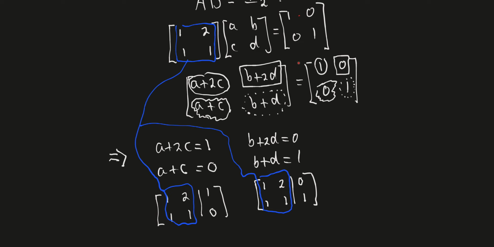So without even having to do much work, I can say that this is A and this is C, right? And then the other column, the one that started out as the 0, 1, that's the column we would solve if we were solving for B and D. But having reduced it, I can say that this is B and this is D.